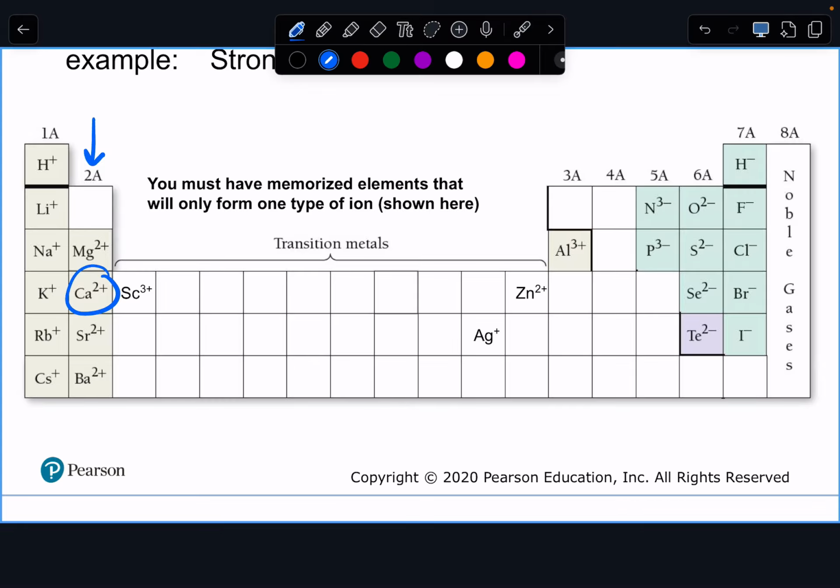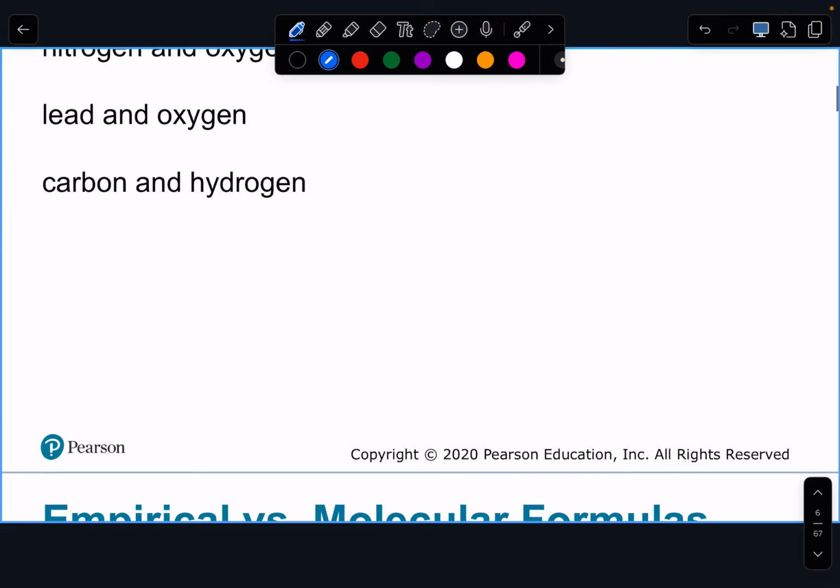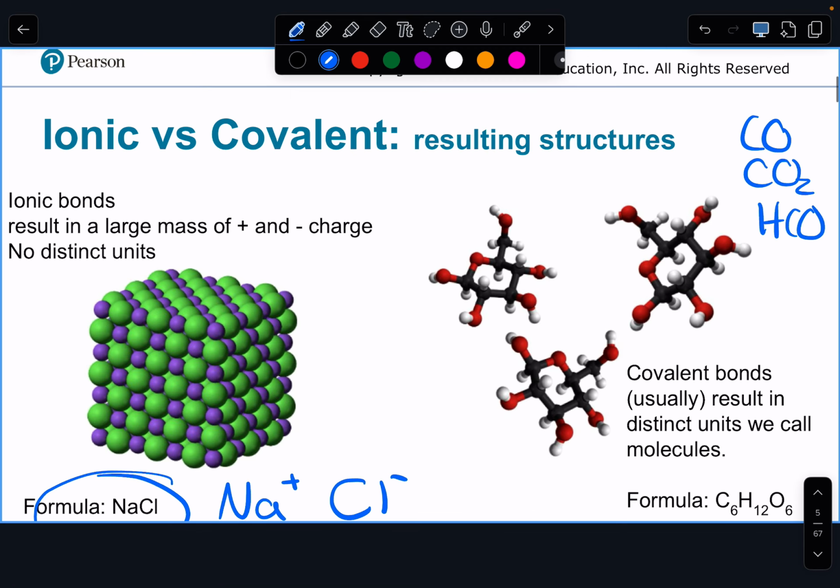It's that guy. So it's going to form a 2+ ion. So instead of sodium, let's pretend we have calcium and see how that would be different. So calcium is a 2+ ion, and chlorine is a -1. So chlorine took away 1 electron from calcium, but that's all chlorine wanted. So another chlorine had to come along and took away the other electron from calcium.